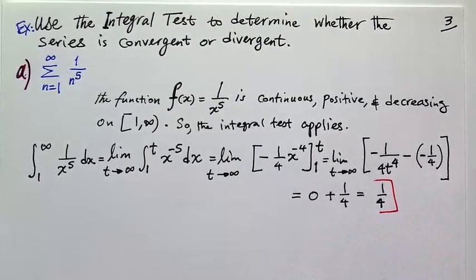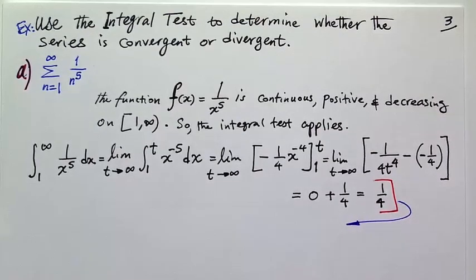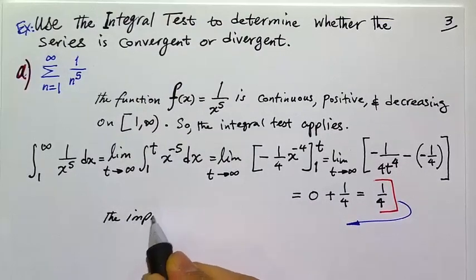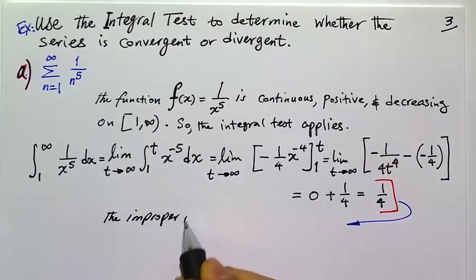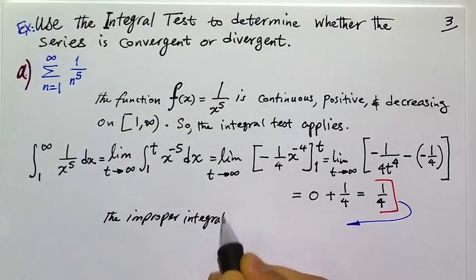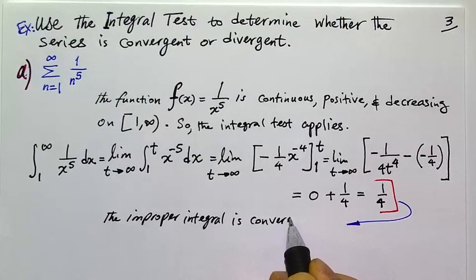So the result is that this improper integral is convergent.